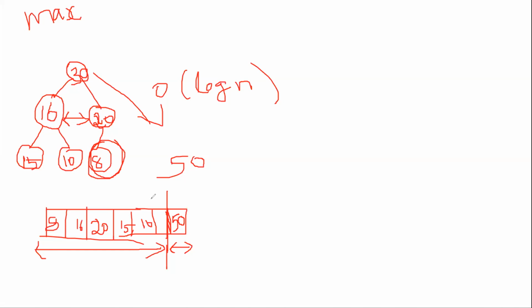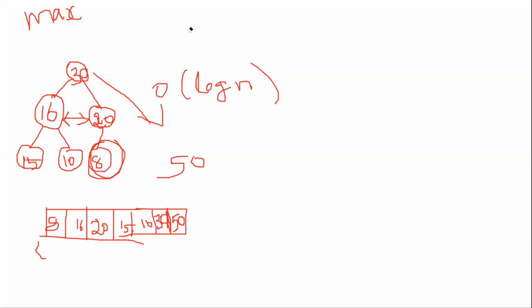But after deleting this 30, instead of ignoring it, you can place that 30 in the vacant position, because one vacancy is created, right?